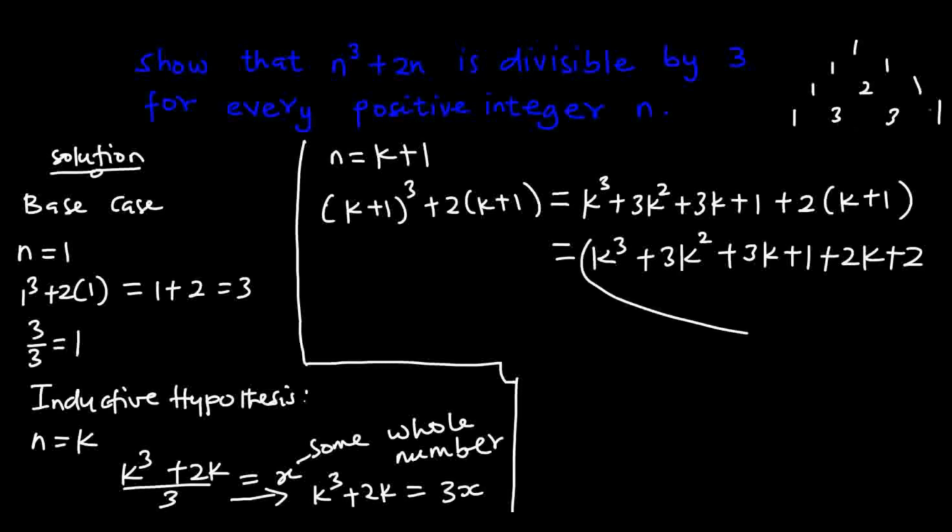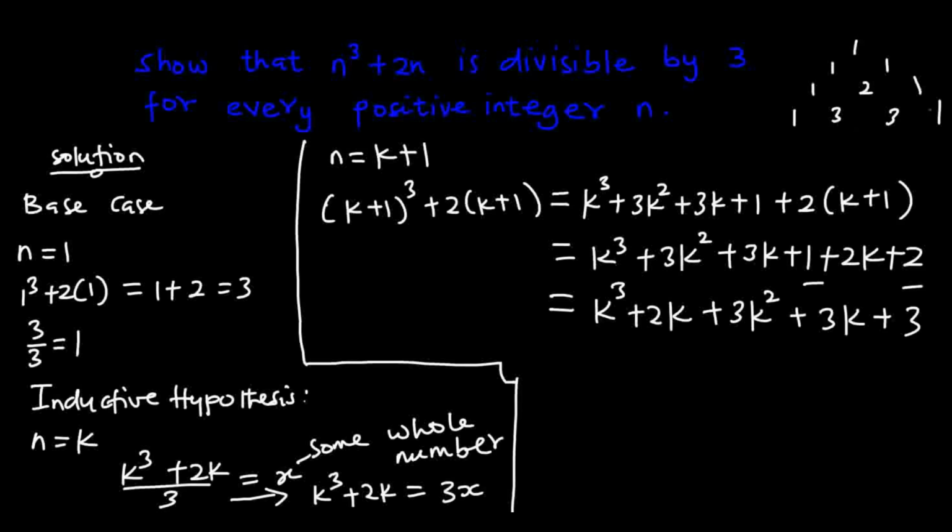From this expression, we write it in a way where we get k to the power 3 plus 2k from it. So I have k to the power 3 plus 2k, then I write the remaining terms: plus 3k squared plus 3k plus 1 plus 2, that is, plus 3.